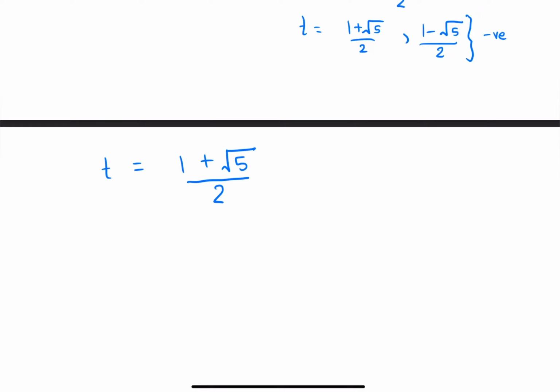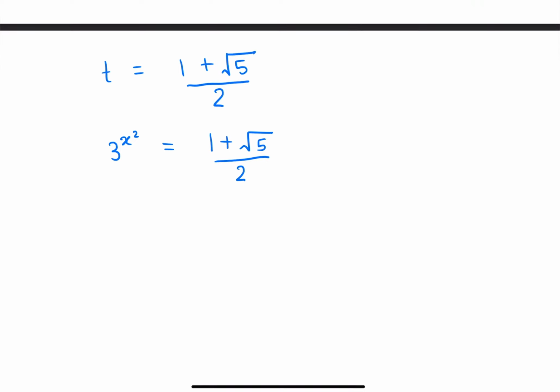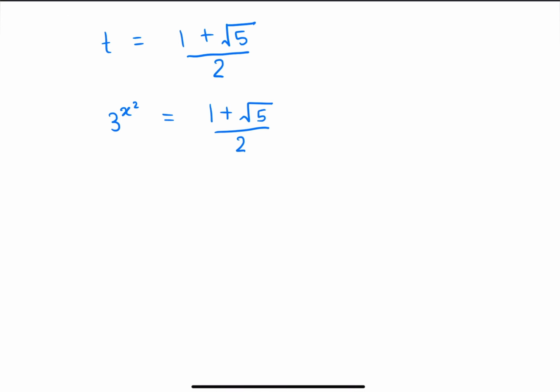So what do we know from this? Well, we know a couple of things. 3 raised to the power x squared is equal to 1 plus the square root of 5 divided by 2. So now we are going to use some logarithmic rules.